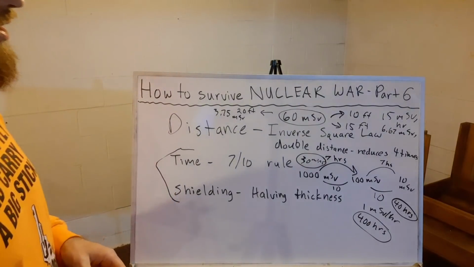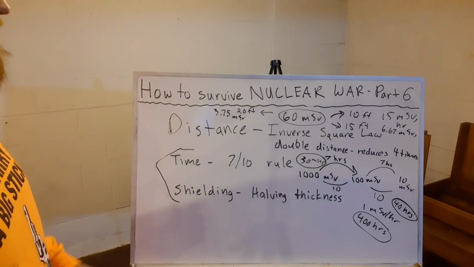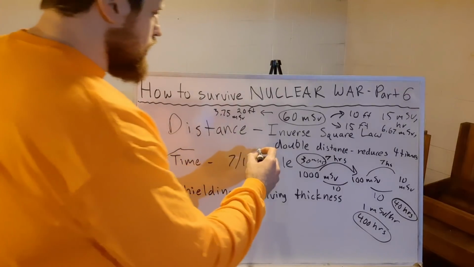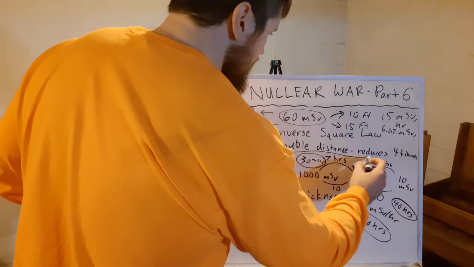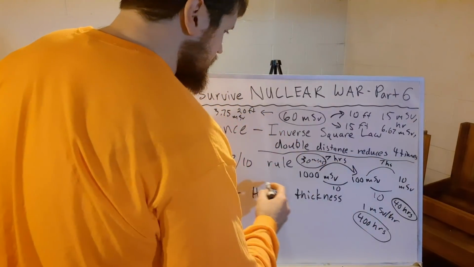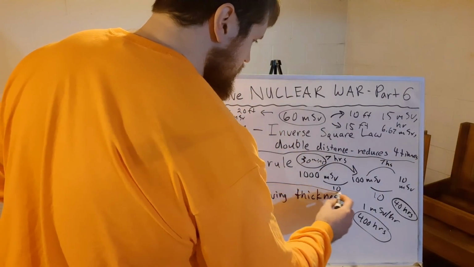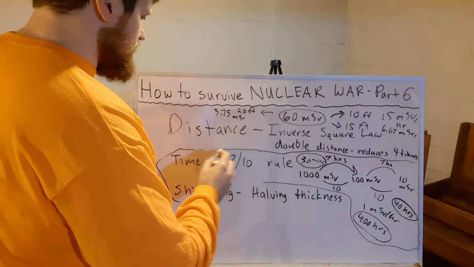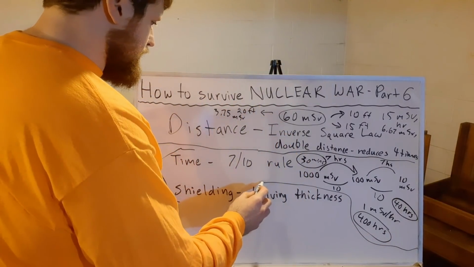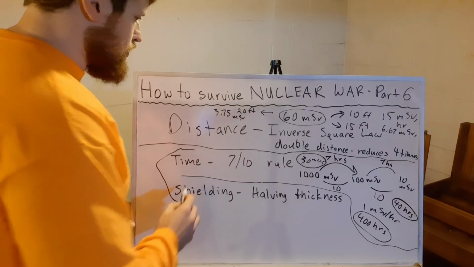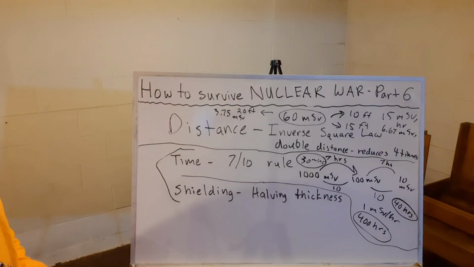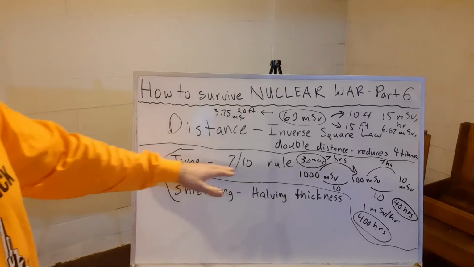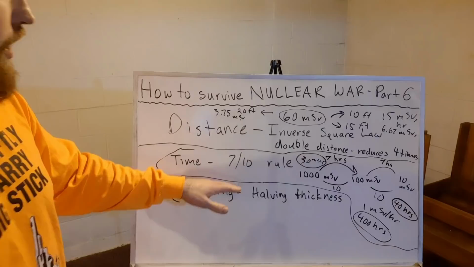And a lot of you guys are going to say right now, I'm sure there's probably some people that are thinking, oh, well, if that's the case, how come nuclear power plants like Chernobyl, how come they're still radioactive? If what you're saying is true, NY Prepper, why is Chernobyl still radioactive and it's been 30 or 40 years now? Well, the reason why is the 7-10 rule applies to fallout.